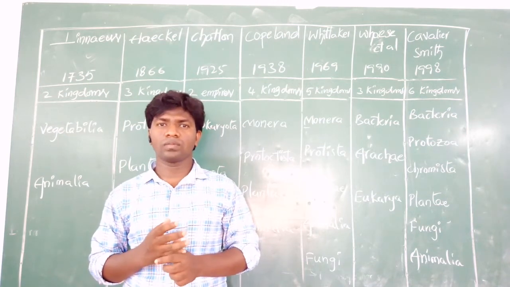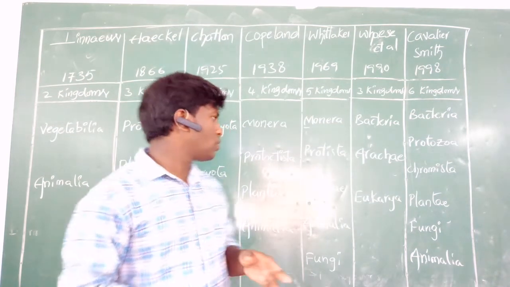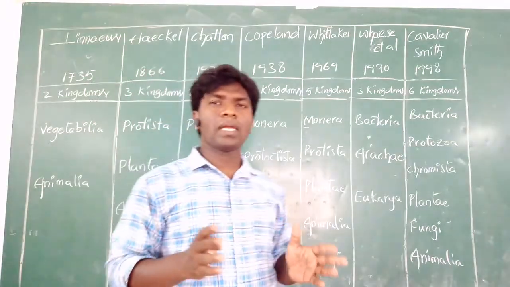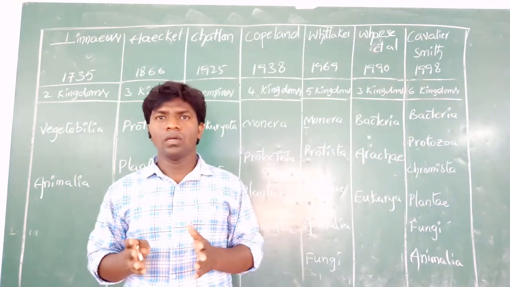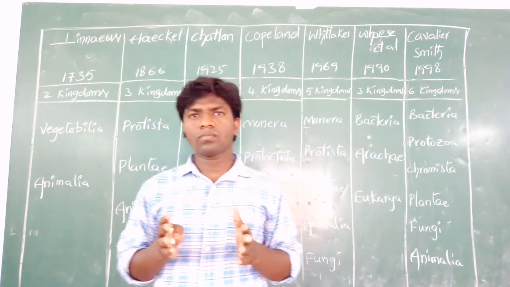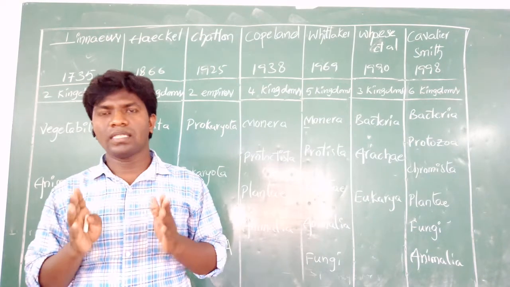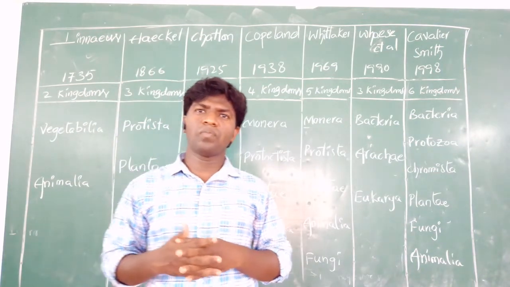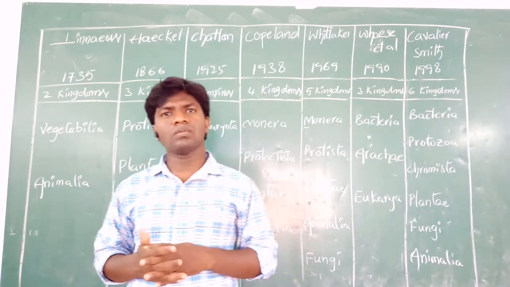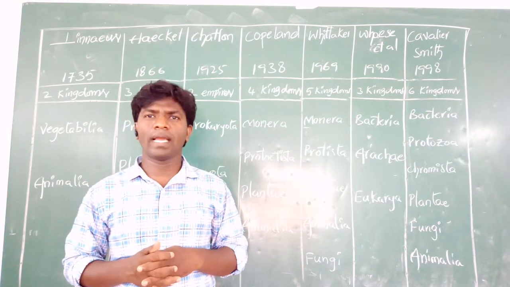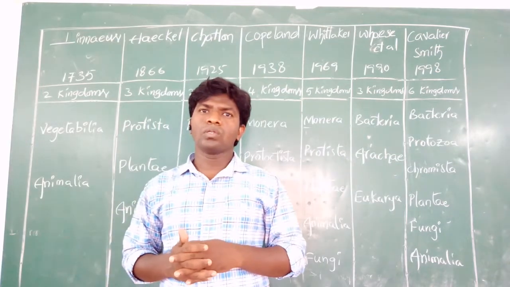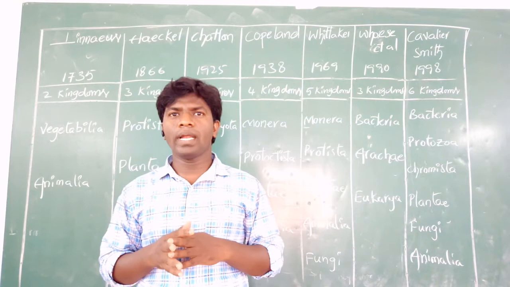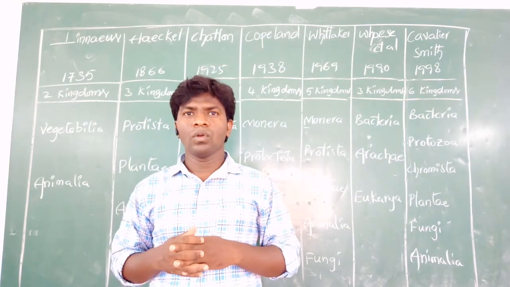Very useful, these kelps. And next, students, fungi. What are the common characteristics of fungi? Mostly they are multicellular organisms. Some fungi are unicellular organisms also. They are eukaryotes with cell walls.